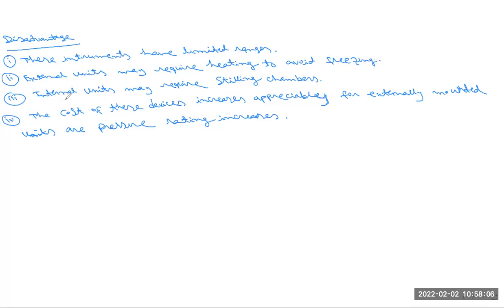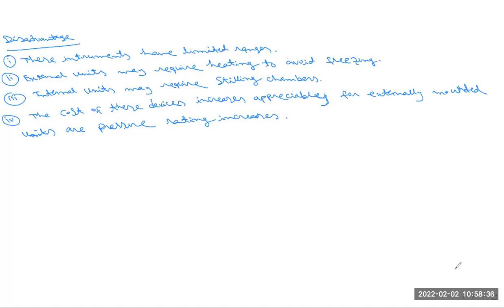Number three, internal units may require sealing of the chambers also. It is another disadvantage. And number four, the cost of these devices increases appreciably for externally mounted units as the pressure rating increases. So these are some disadvantages available for the displacer type of level detectors.